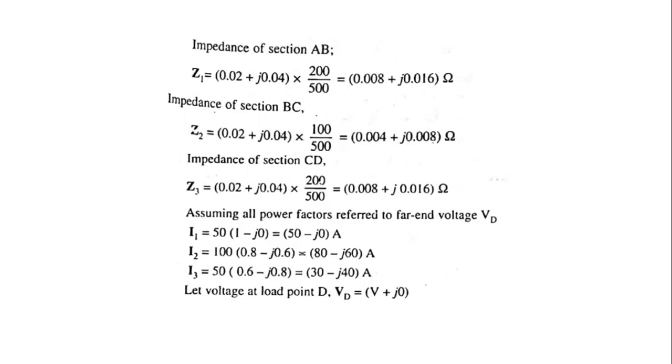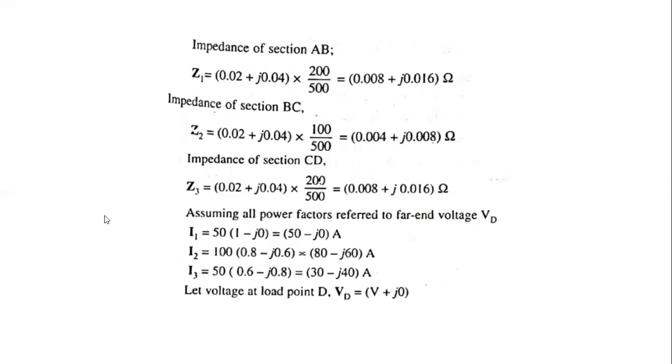Assume all the power factors refer to the far end voltage, that is VD. Then we calculate the I1 current, that is 50 into (1 minus j0).